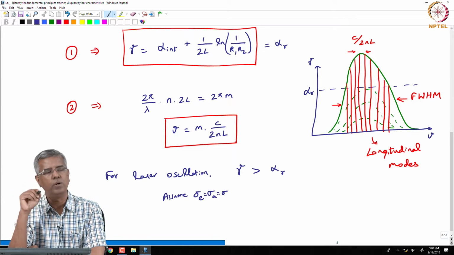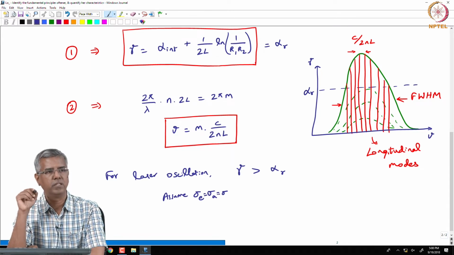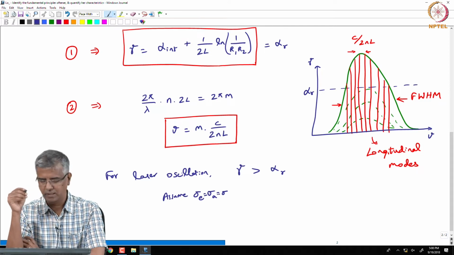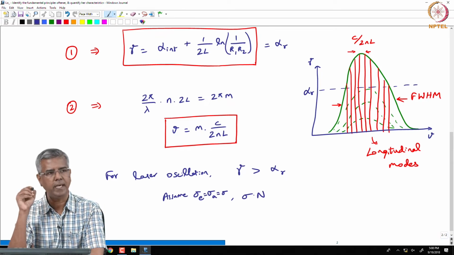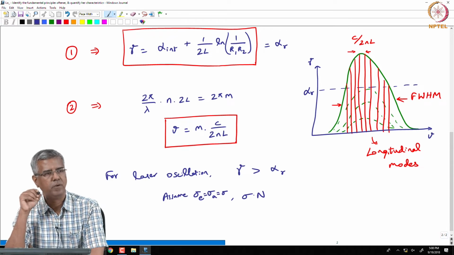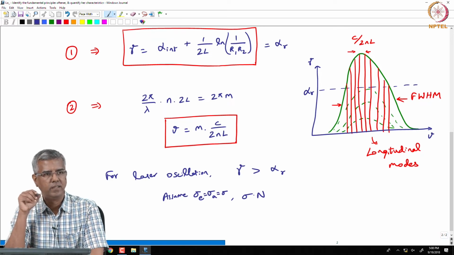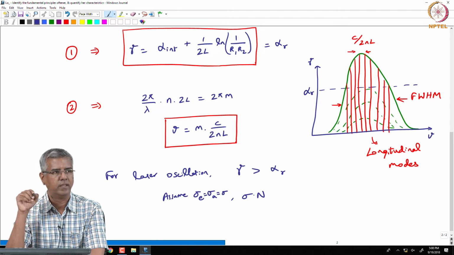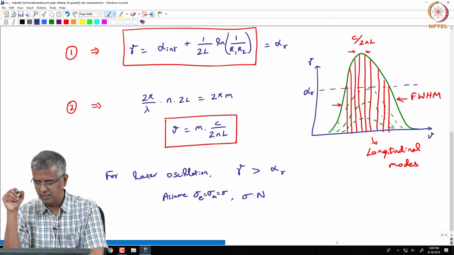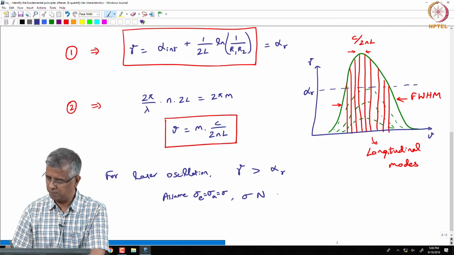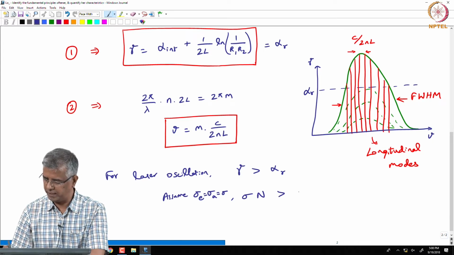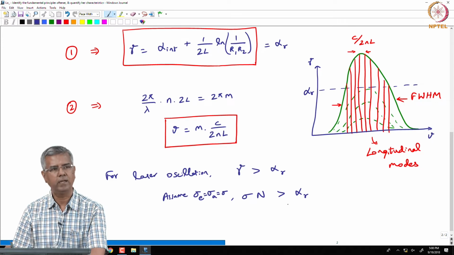If it is equal to the absorption cross section, we know that is a very special condition, but if we assume that, then we can just say that sigma multiplied by n, where n is the inversion, has got to be greater than alpha r.